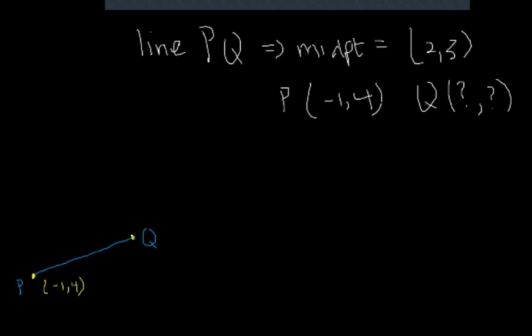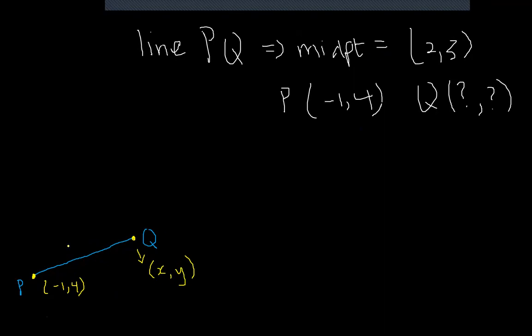We need to find what Q is. We have no idea what this coordinate is. We know it's a coordinate for sure, so it has an X and a Y. So let me put X, Y, because remember, that's what a coordinate looks like. I have my X value and then I have my Y value.